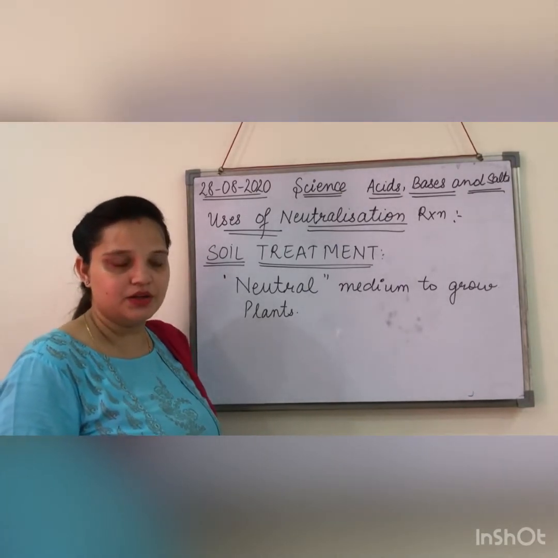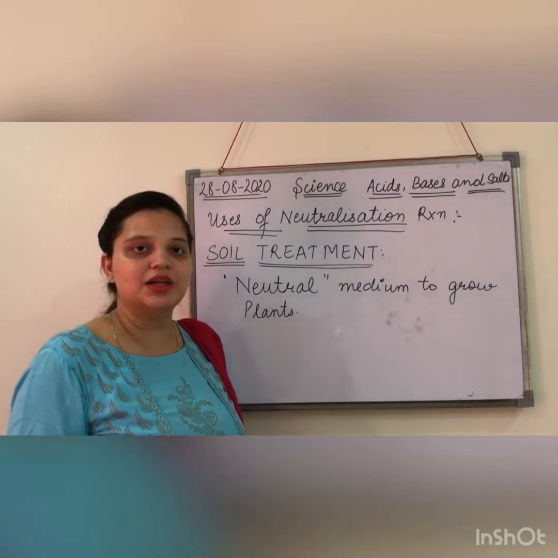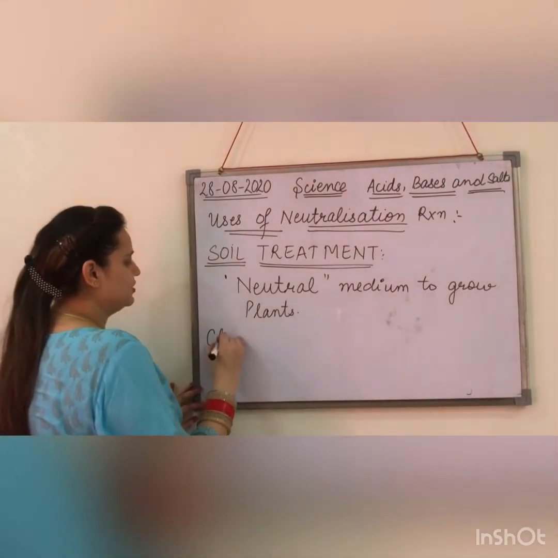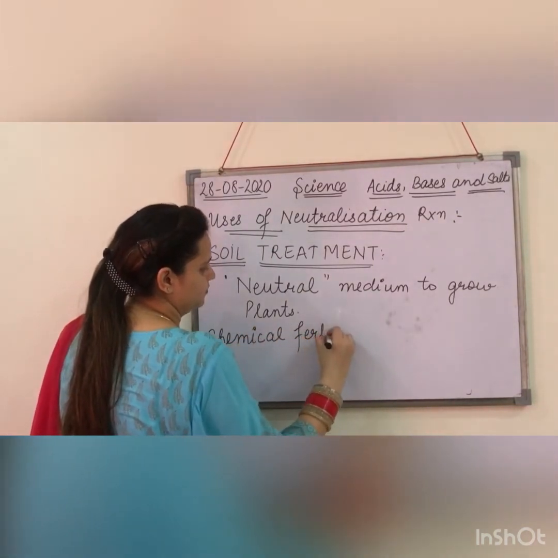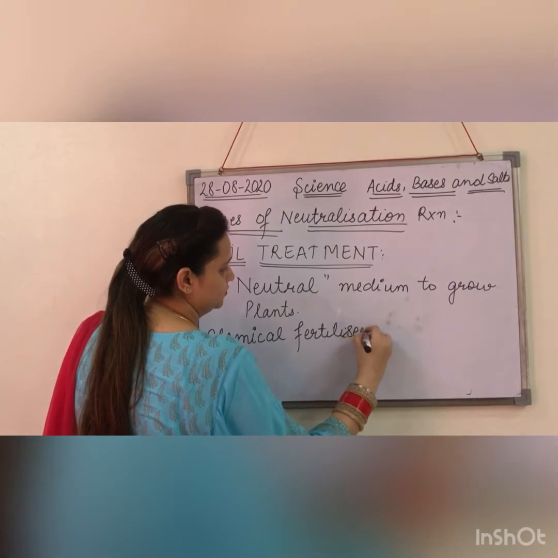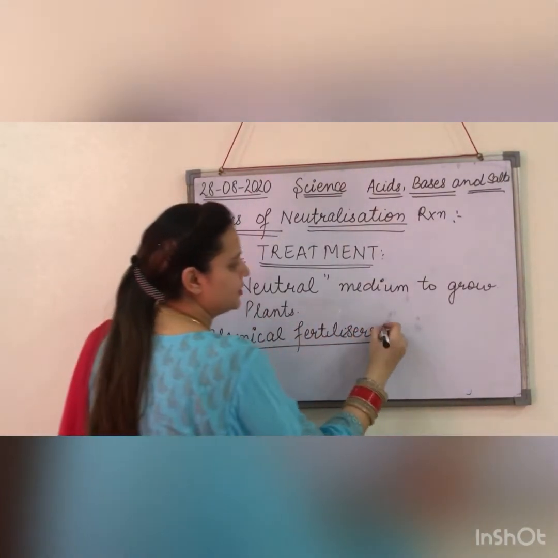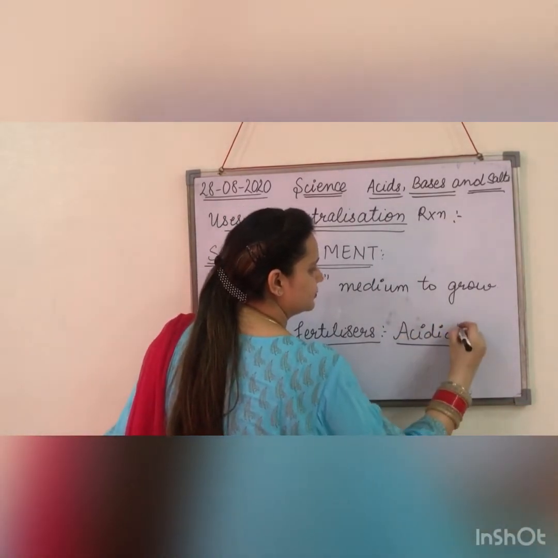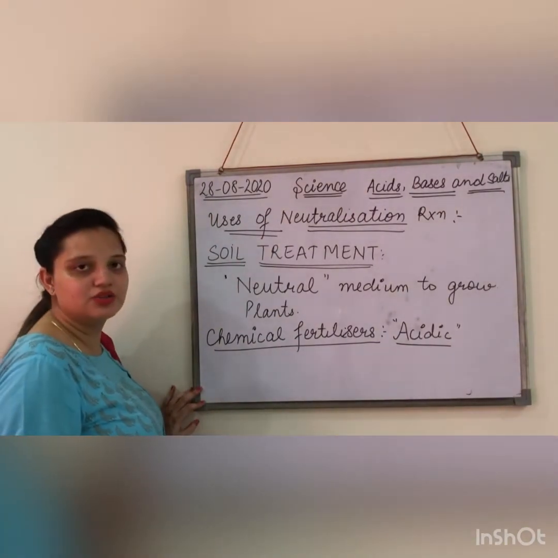But there are some substances we keep on adding to the soil that make it acidic or basic. For example, we use chemical fertilizers. What is the nature of these chemical fertilizers? They make the soil acidic.